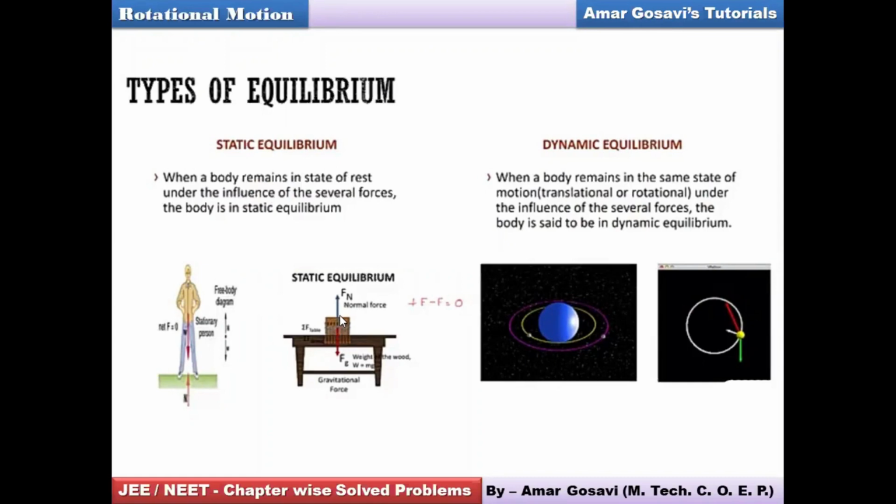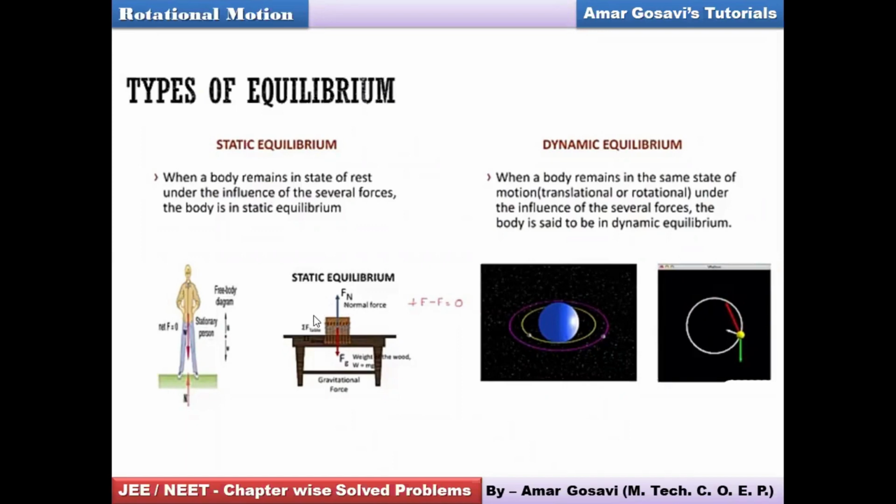So there are forces acting. The first force acting on this object is the weight or the force of gravity, which acts vertically downwards. The second force is the force given by the table in the form of a reactive force. Basically, we call it a normal force as per Newton's third law.